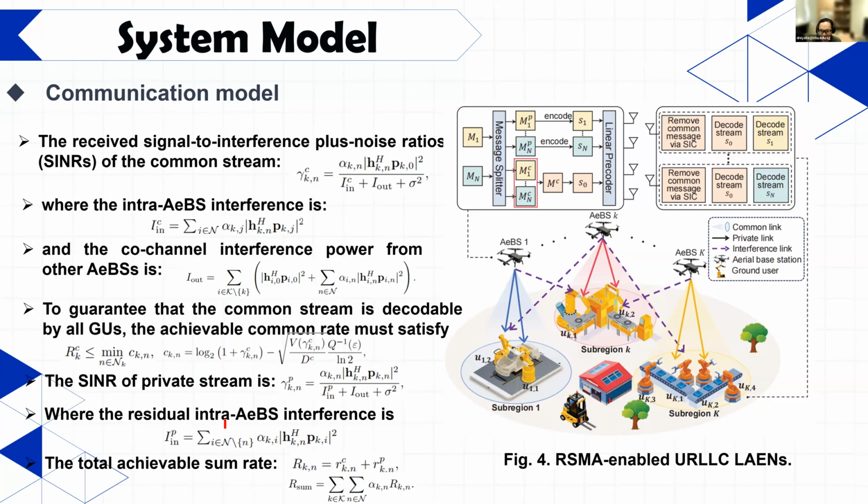The achievable common rate must satisfy the minimum requirement. The SINR of the private stream also has to be constrained, where this part of the SINR will be calculated and incorporated in the total achievable sum rate, which is the optimization objective.